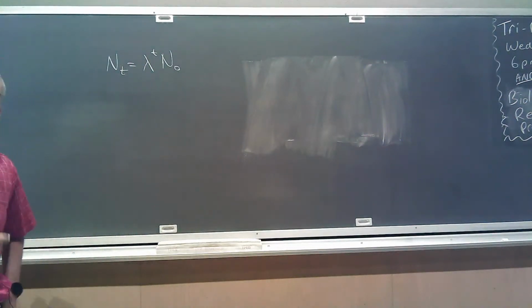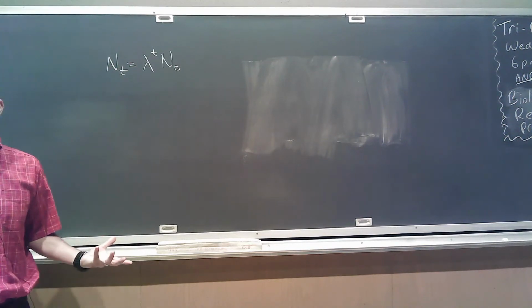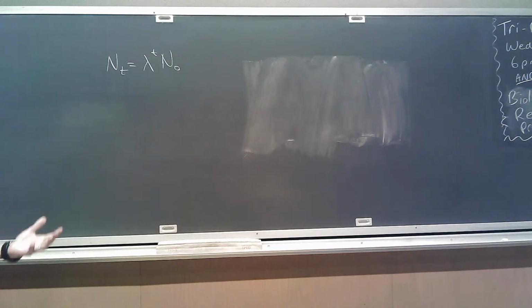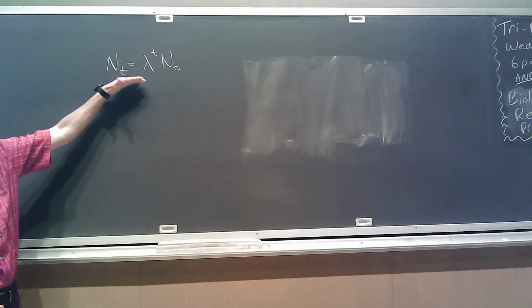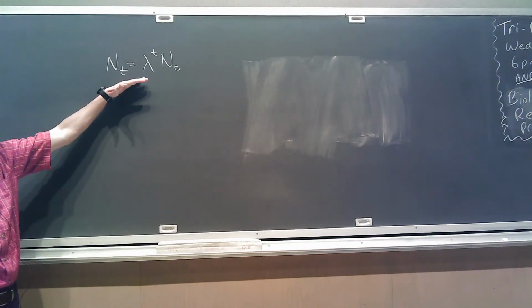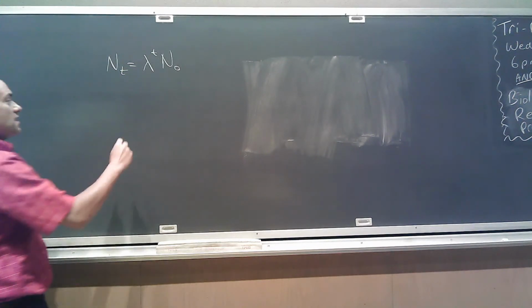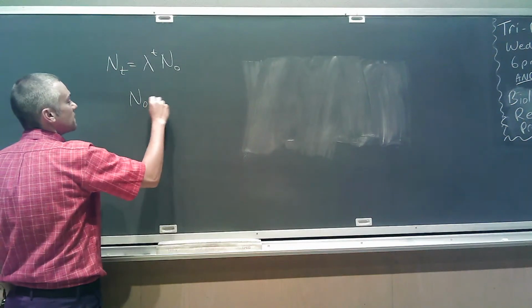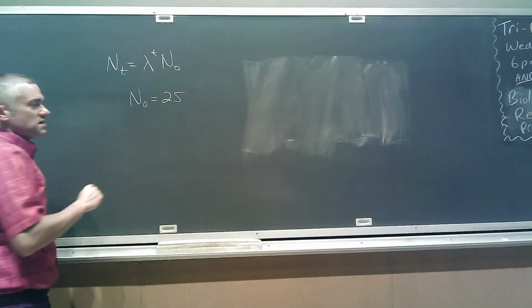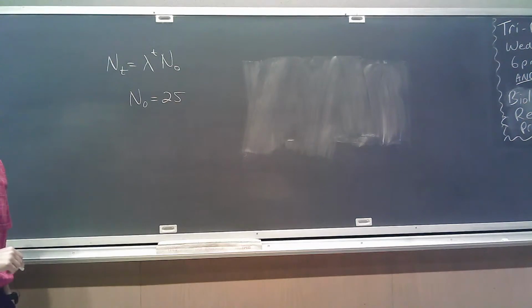We would recognize that marigolds are annual plants, so they have discrete generations, and that tells us which equation to use. We start with 25 plants, so n sub 0 is 25, our starting population size.